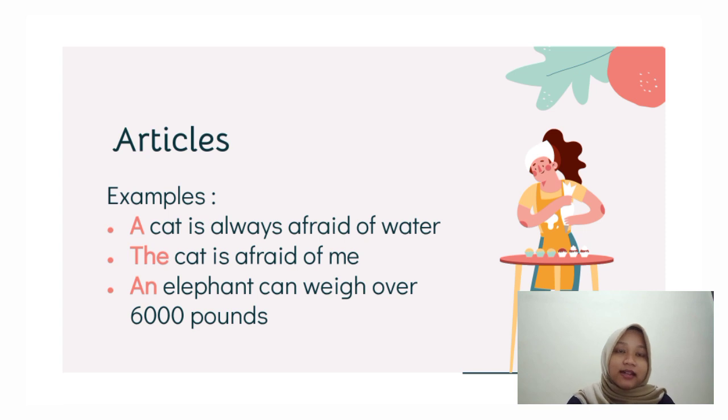And the article here is the first word in the sentence, the. And the last one is, an elephant can weigh over 6,000 pounds. And the article here is the word an.